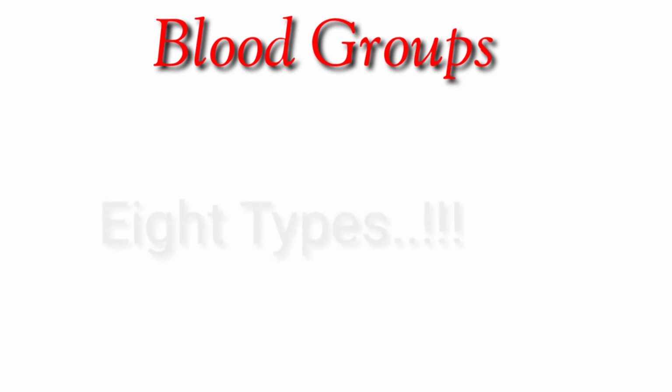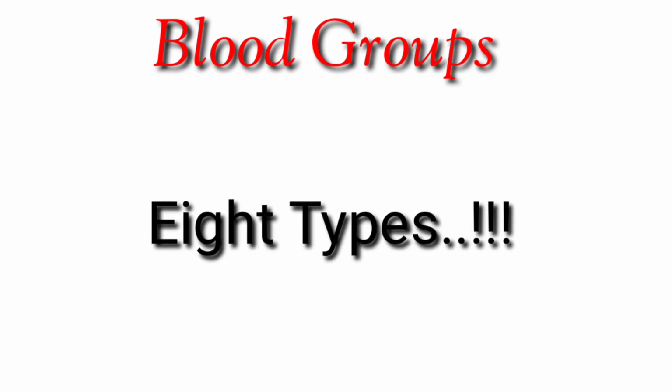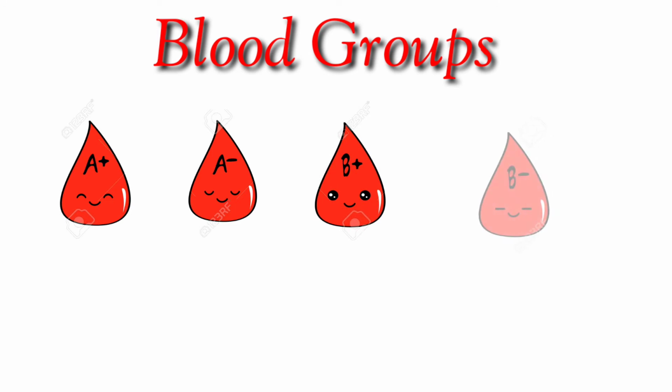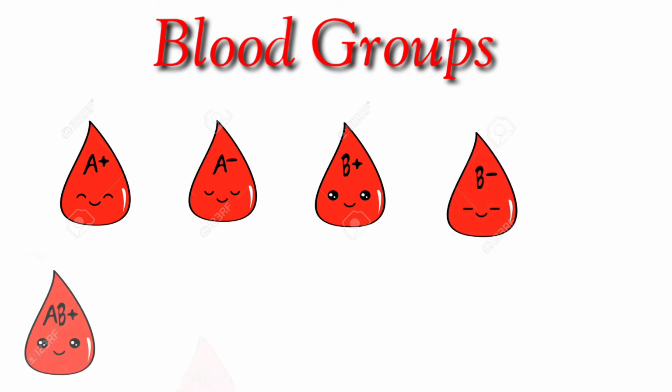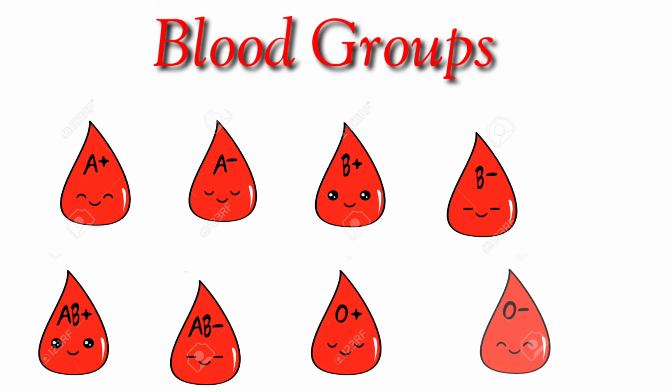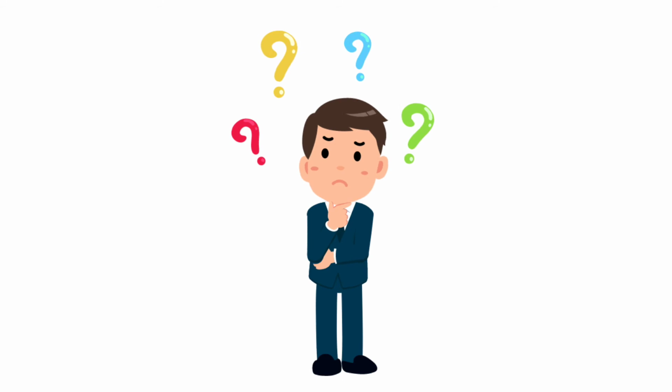On the basis of these two systems of classification, there are 8 types of blood groups: A positive, A negative, B positive, B negative, AB positive, AB negative, O positive, and O negative. But what is the use of these blood types?